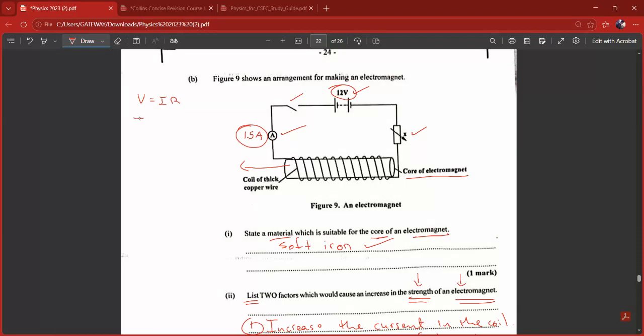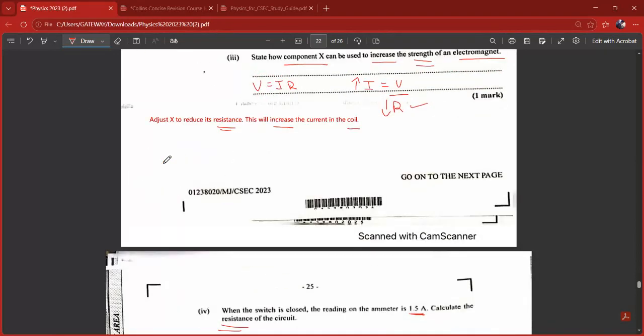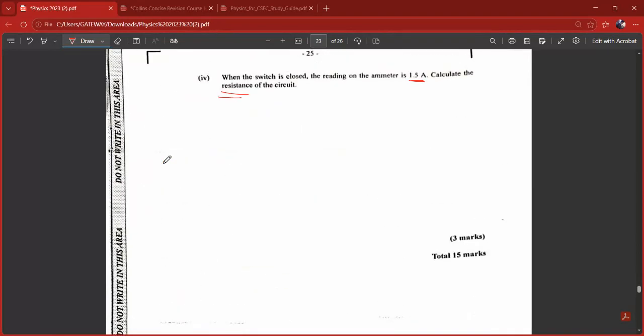So R will be equal to V divided by I. But we know that V is 12 and we know that I is 1.5. So R will therefore be equal to 12 divided by 1.5, which is basically 8. This is 8 ohms. Right, so that is the resistance there. So you have a clear understanding of the solution for this question here now.